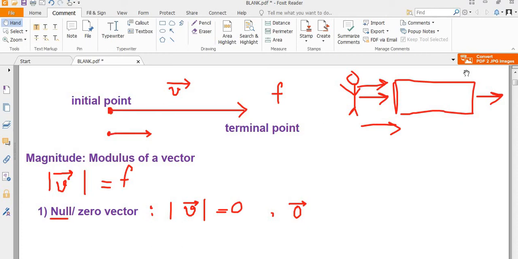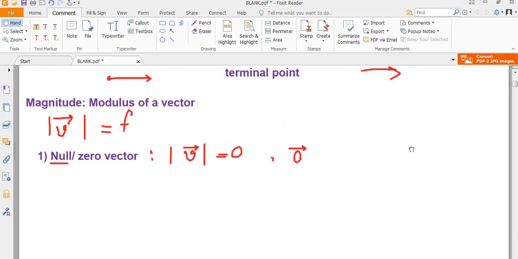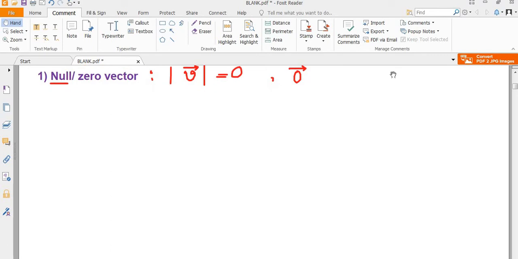In the example from my previous video, if this is my laptop screen and someone is pushing it from my left side to my right side, then there's a movement of the laptop screen, if it's not very heavy. But if I'm thinking of a zero or null vector, then the laptop screen will not move, which means the initial point coincides with the terminal point. That is a peculiarity of the null vector or the zero vector.